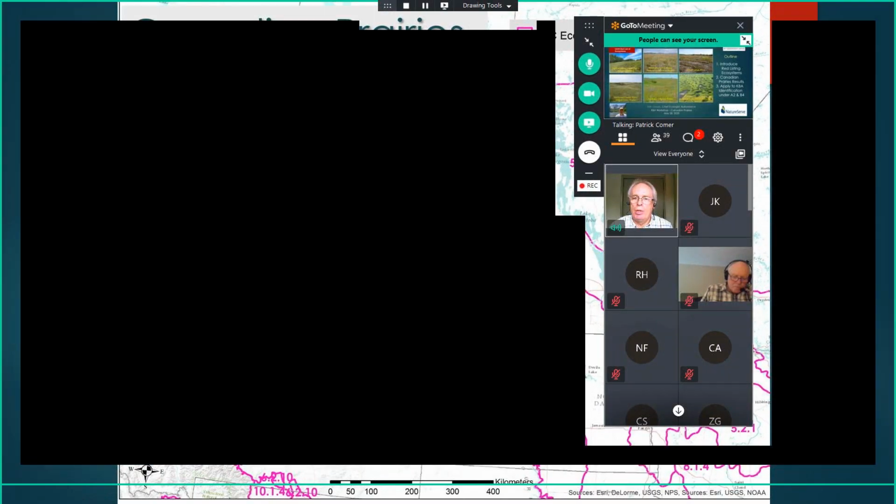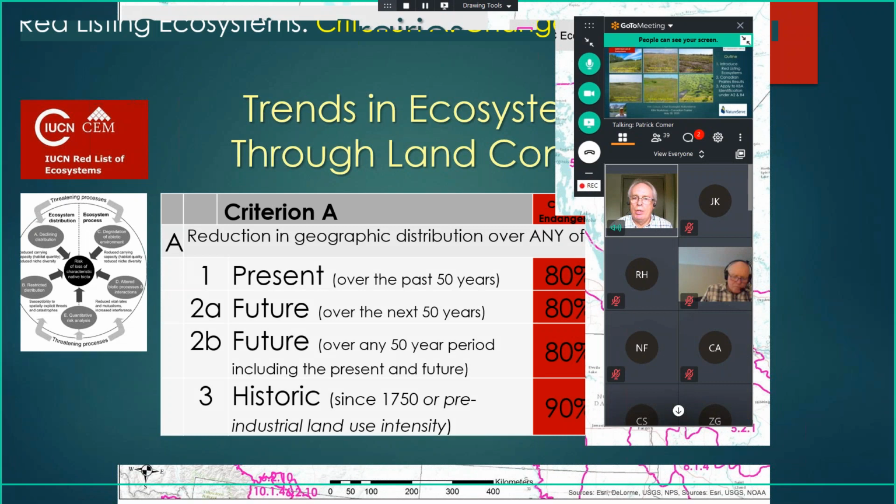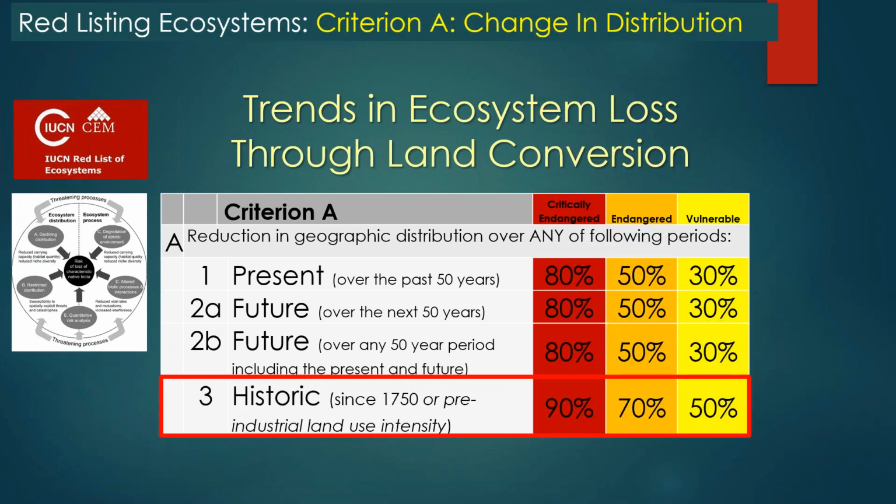So here's how the red list criteria works. In this case, let's say we have a fairly mature landscape in terms of land use. There's been land use conversion and extensive change taking place over a couple hundred years. And so this A3 is an important criterion for us to be utilizing here.